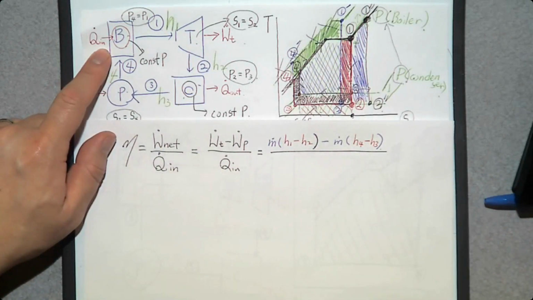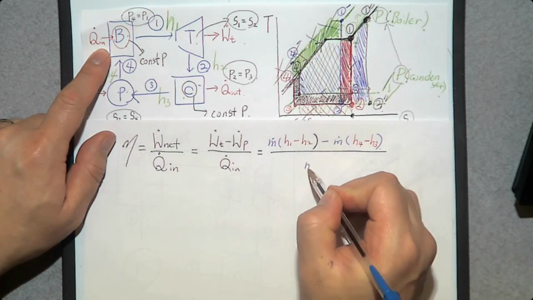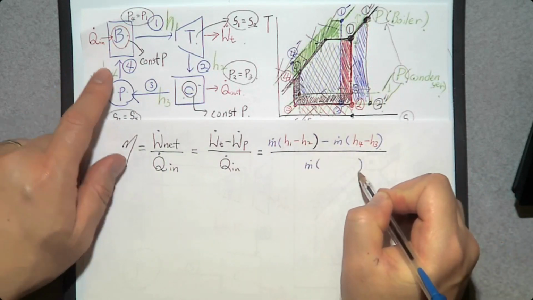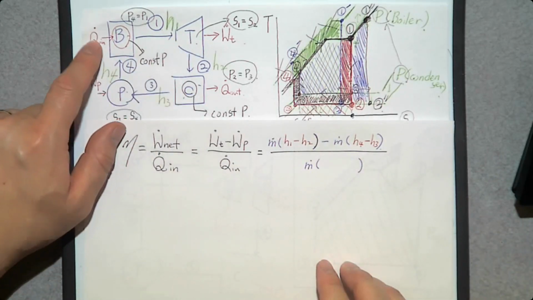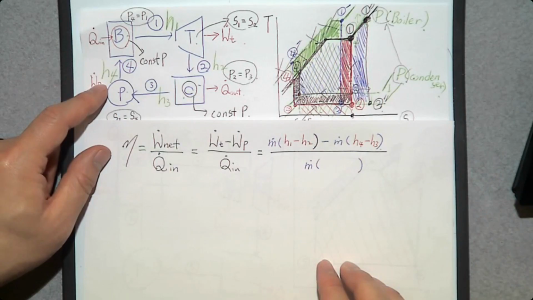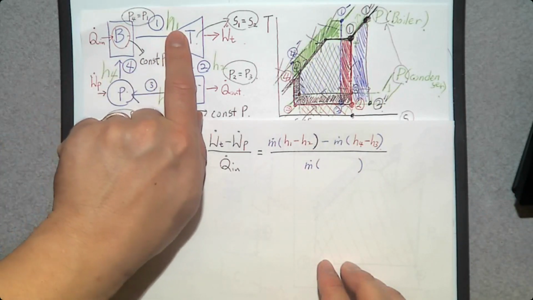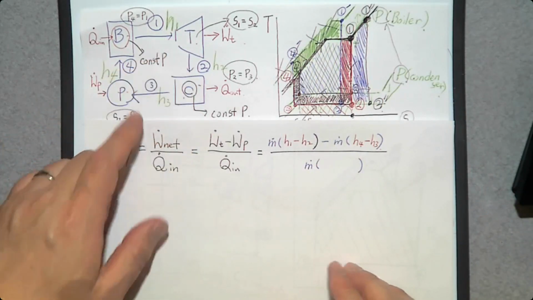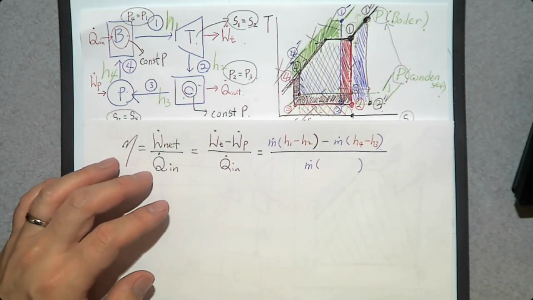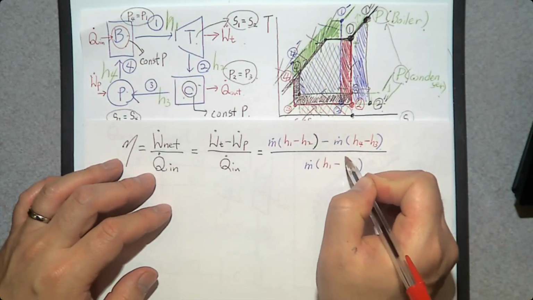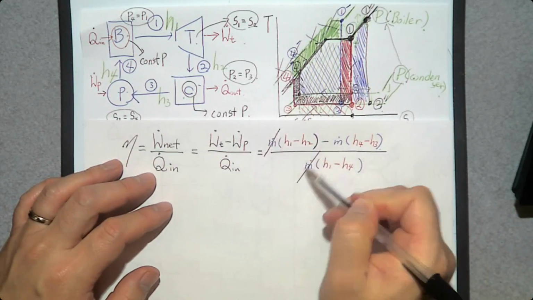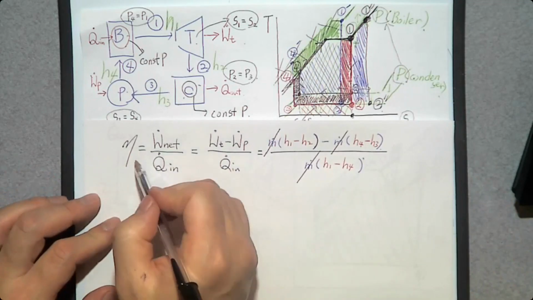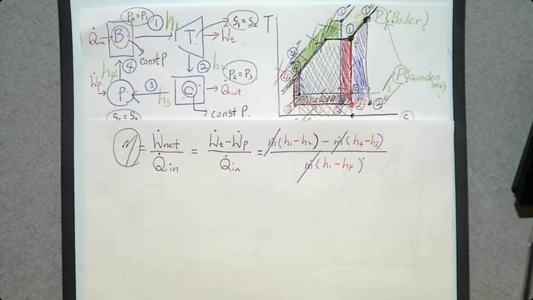M dot times what? Between H4, H1. Q dot in is added to H4 to make H1. So H1 should be greater than H4. So this one is H1 minus H4. Then you can cancel M dot. So that's how you determine the thermal efficiency of this standard Rankine cycle.